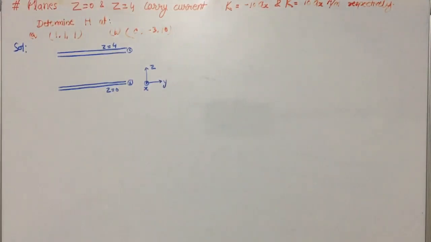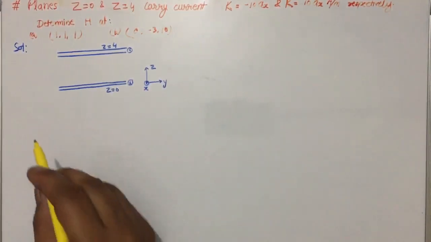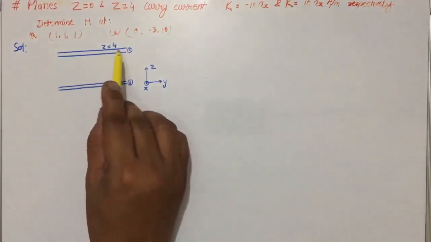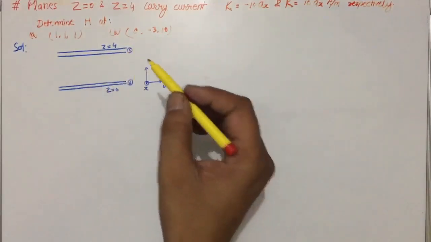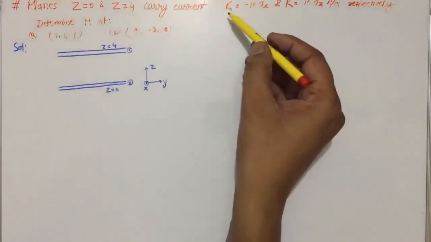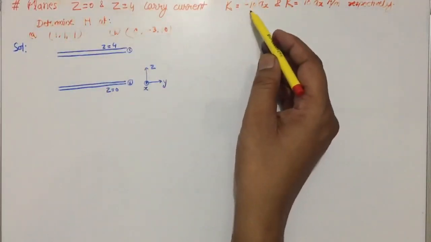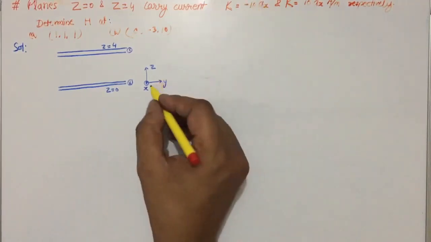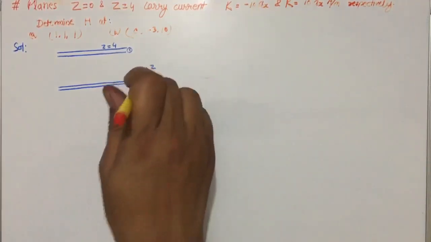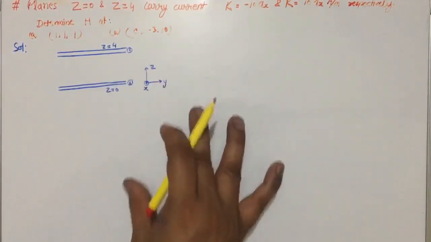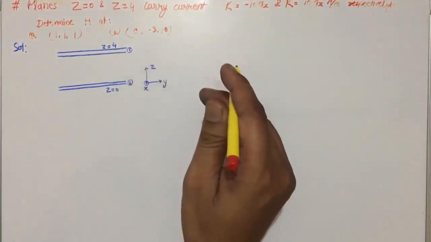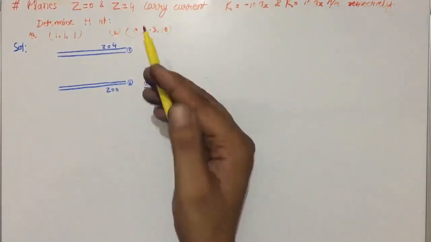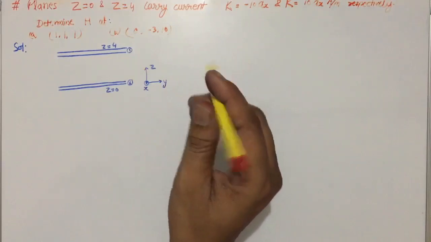So according to the problem statement, let us have Z is equal to 0 and Z is equal to 4 planes. Z is equal to 0 carry current inward, minus AX direction. This is Y, this is Z, and X is inside as the coordinates are orthogonal. So inside it is considered as negative, outside it is considered as positive.